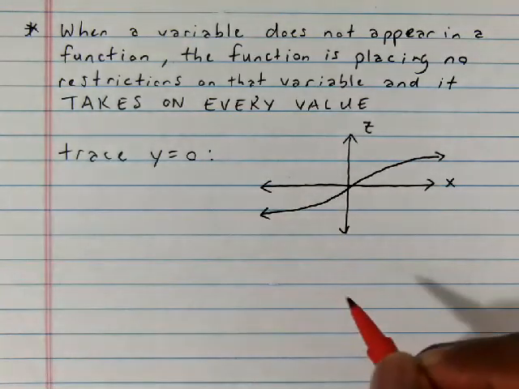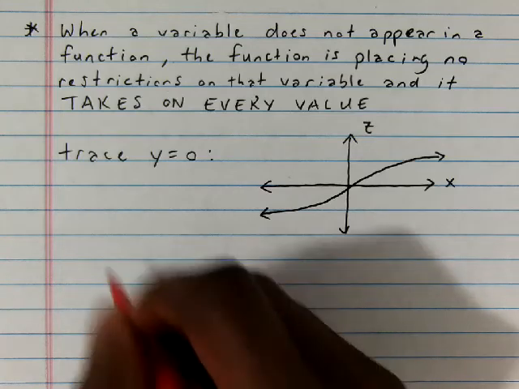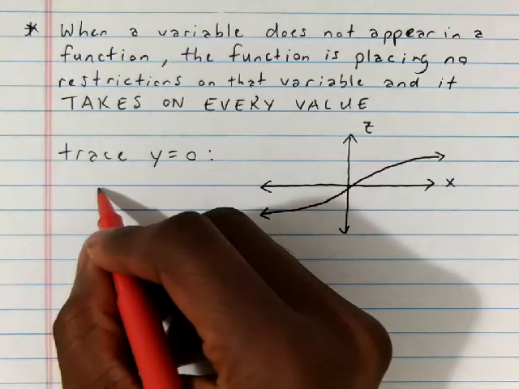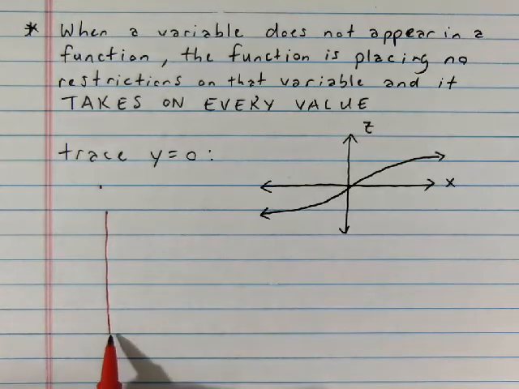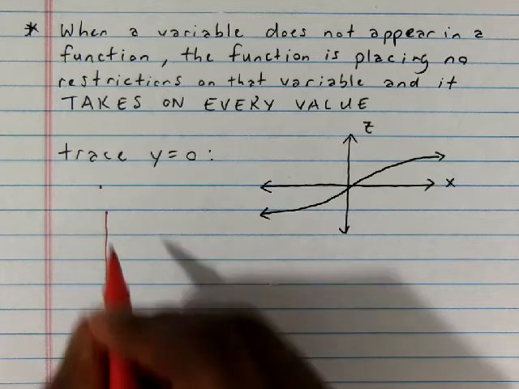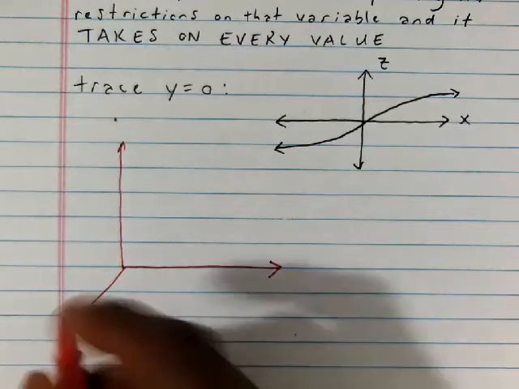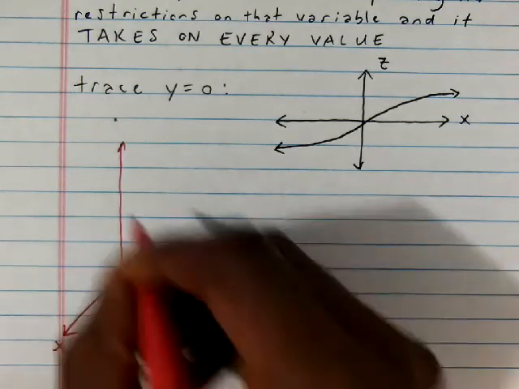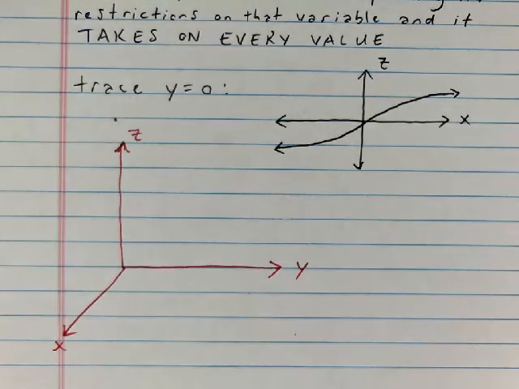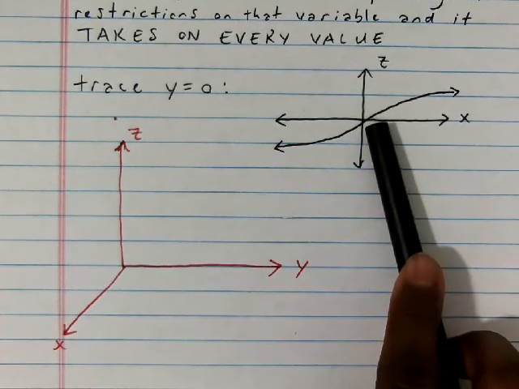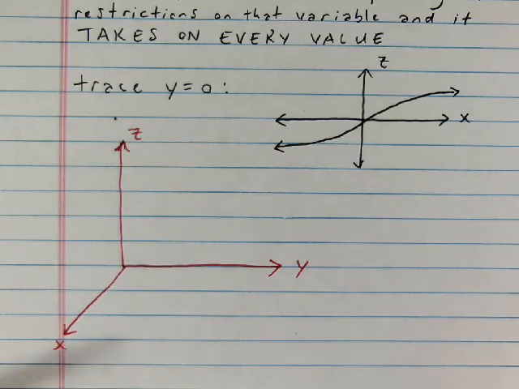Let's see which way. So we're going along the y-axis. Let me come over here. All right, so now we're going to sketch 2 of these, one at the left, right here through the origin, and one at the right, and then we're going to connect those 2 things.